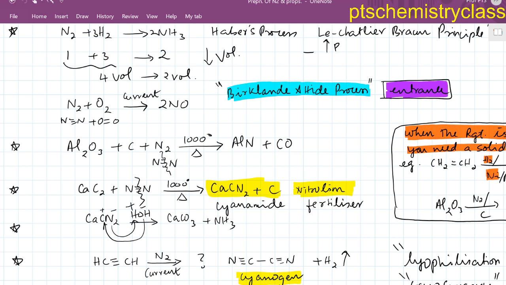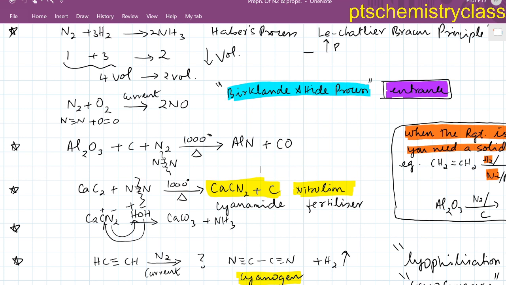Whenever we carry out a gaseous reaction, when we pass the gas, depending upon the solubility of the gas, sometimes the gas may dissolve or gas may not dissolve or it will come out. If the gas doesn't dissolve, then the reaction will not take place. So in order to facilitate the gaseous reaction, we need a solid.